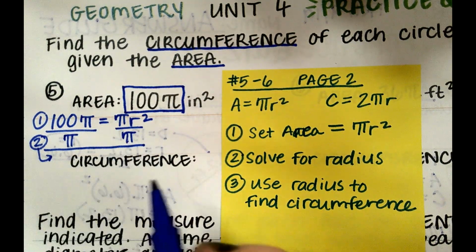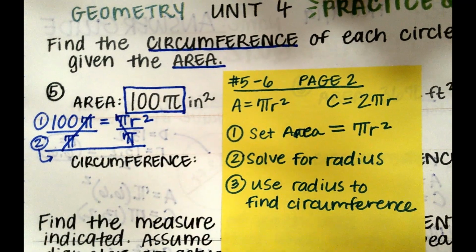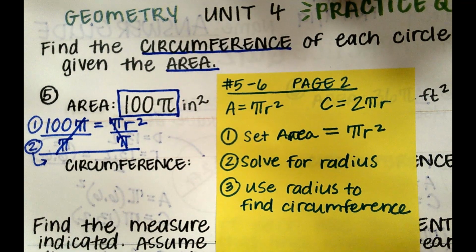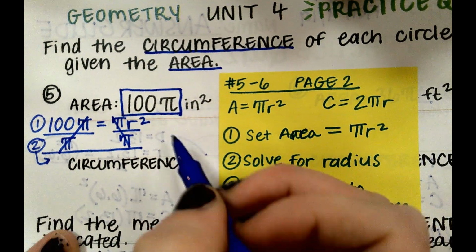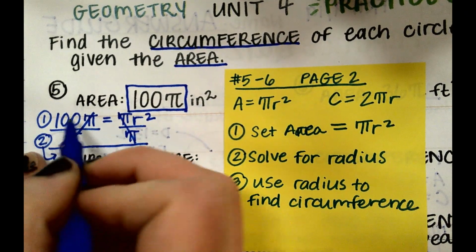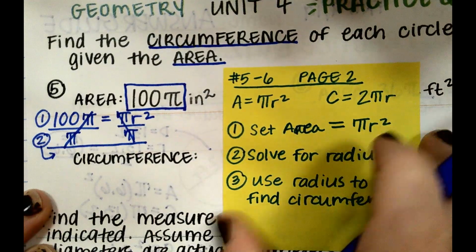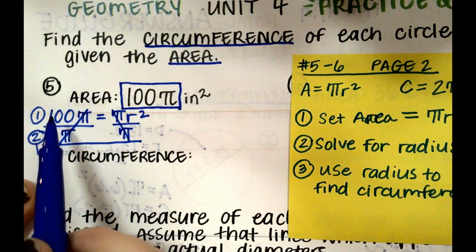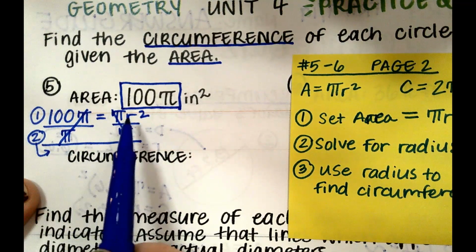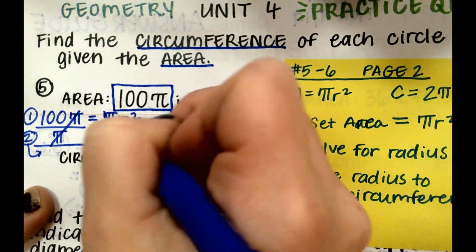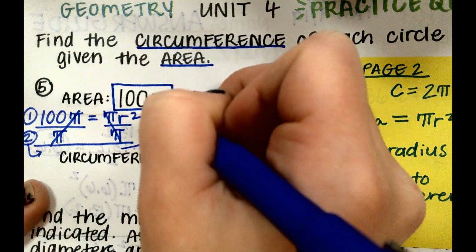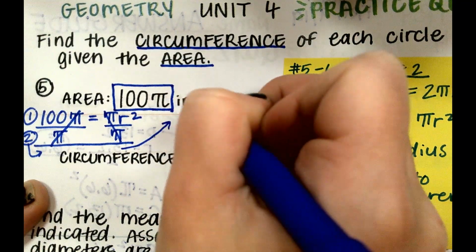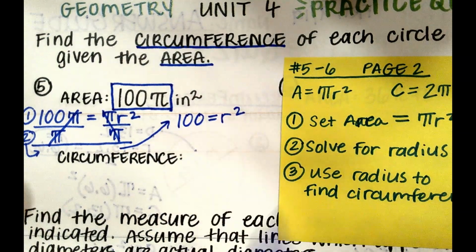When I divide by pi on both sides, those just cancel, which is kind of nice. So whenever I bring down all my terms, what I'm left with is 100 equals radius squared. And I really didn't give you a lot of space for this. I apologize.